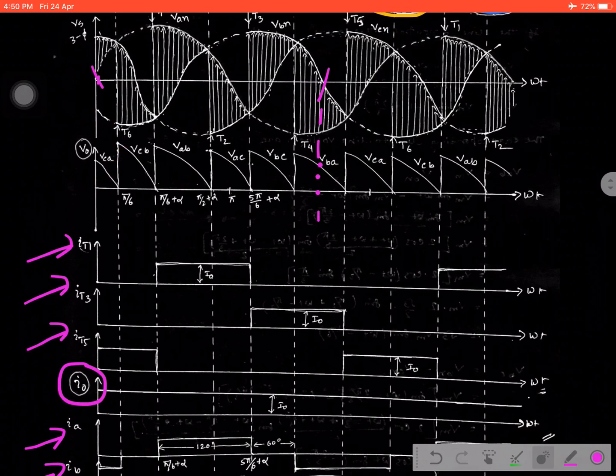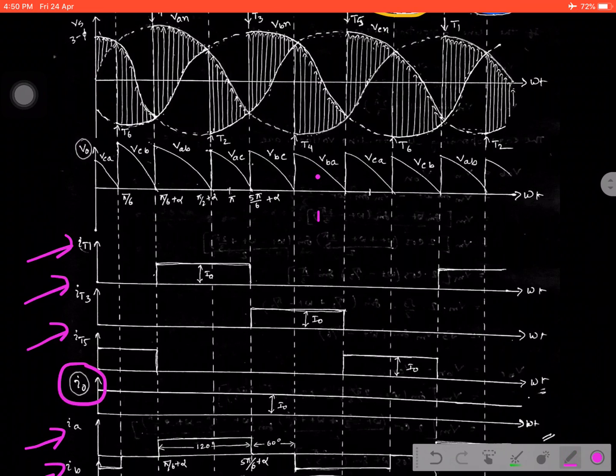Suppose from 0 to 360 degrees, how many peaks are there? 1, 2, 3, 4. Sorry, it is my mistake, we have not selected the 0 to 360 degrees properly.